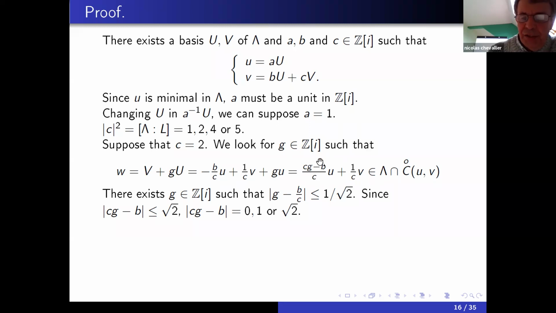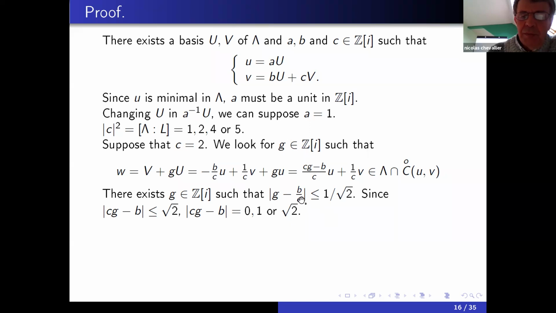And we find this. And so we have a linear combination of the minimal vectors u and v. And here we have the coefficient of u. And if we want this vector to be in this cylinder, we want the coefficient here to be as small as possible. So we are choosing G such that this coefficient is as small as possible. We can do this like that.